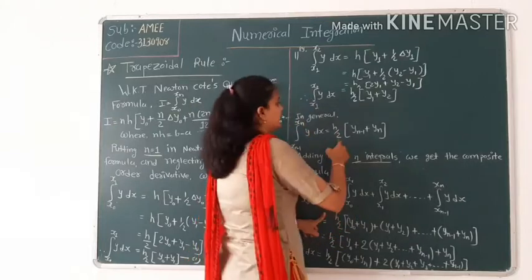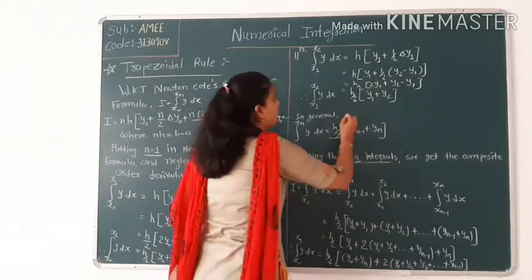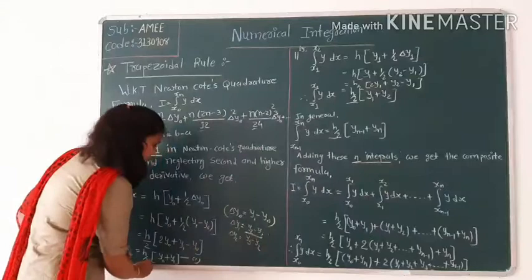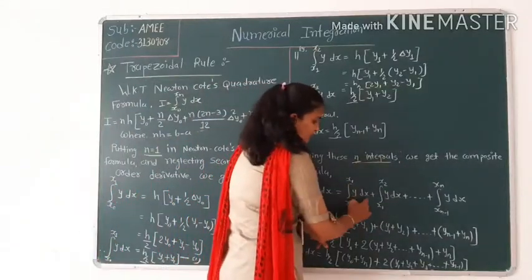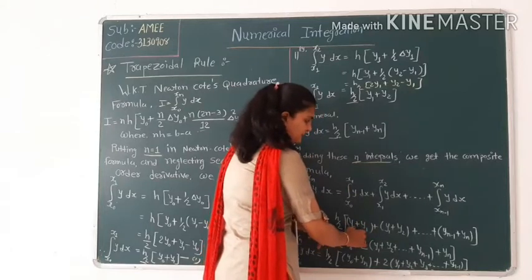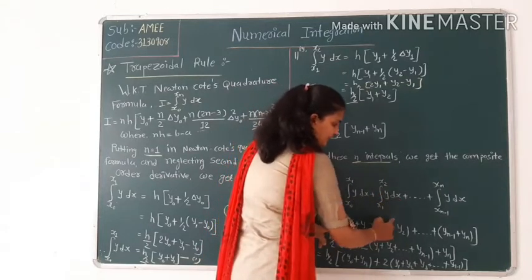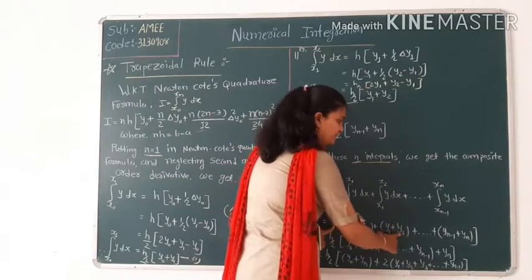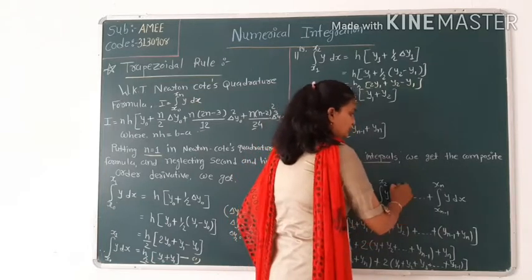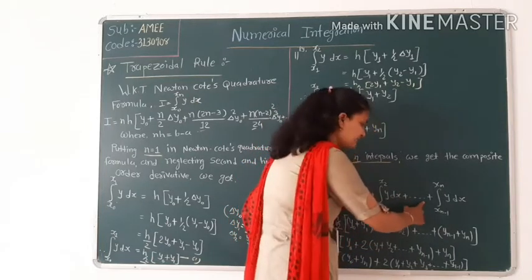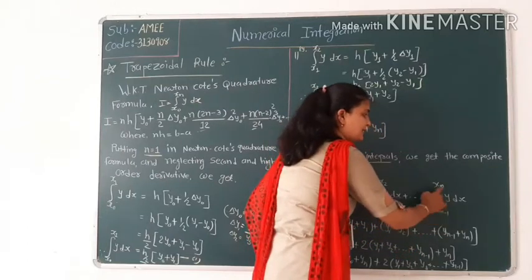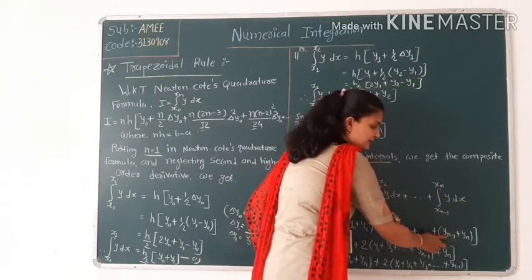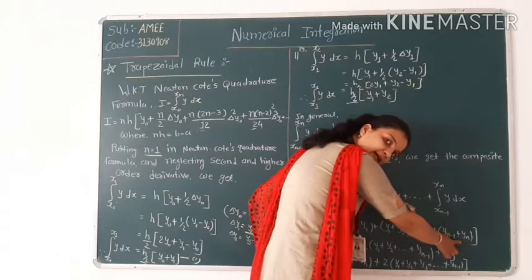In every term we have h by 2 common. x0 to x1 y dx is y0 plus y1, x1 to x2 y dx is y1 plus y2, similarly x2 to x3 y dx is y2 plus y3 and so on, and xn minus 1 to xn y dx is yn minus 1 plus yn.